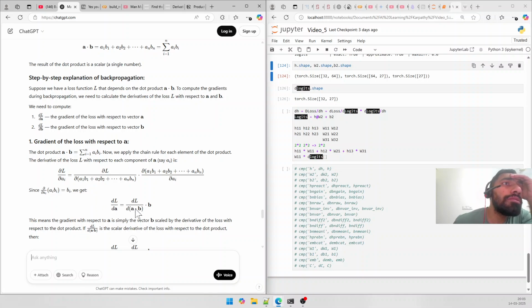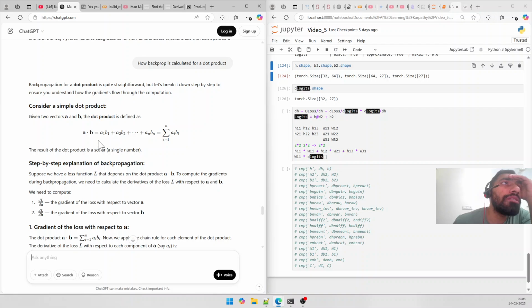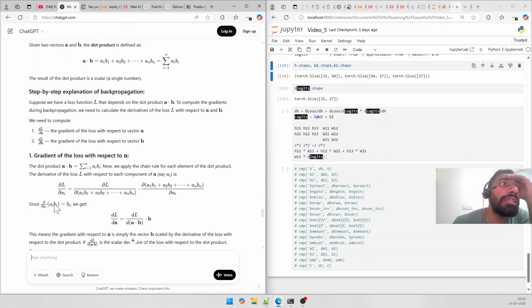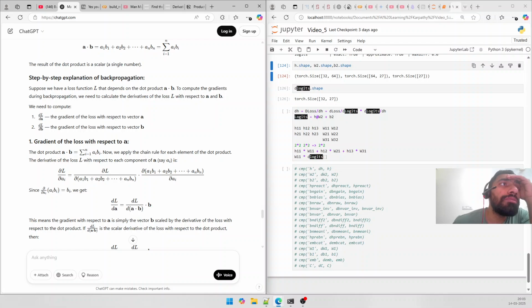Hmm. Okay. So a dot b is equal to a1 plus b1. It is something like this. Suppose we have a loss that depends on it, and we need to calculate the loss with respect to a and b. We need to calculate dl by da, dl by db. The gradient of the loss with respect to a, loss by a by this. Okay. This anyway is calculated. Oh, is it?